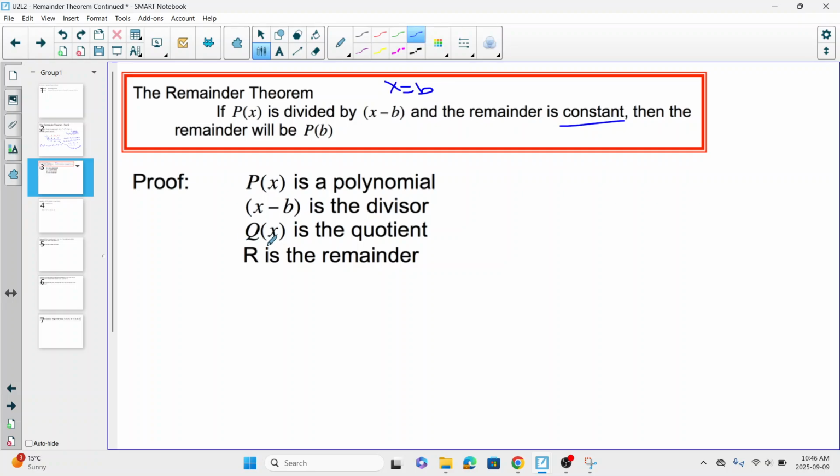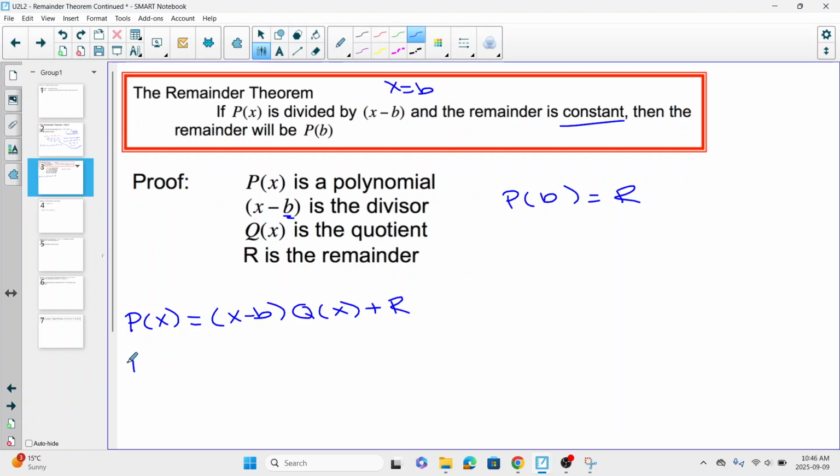So if we were creating a division statement here, we would say the original function, p at x, is equal to our divisor multiplied by our quotient function, plus our remainder. Now, what we're saying is p at b, if we sub in that b value, should equal r.